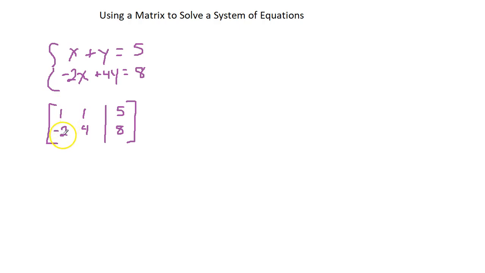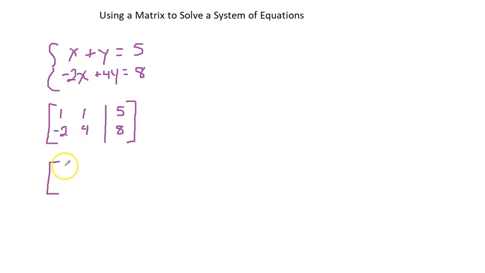So what I'm going to do now is, let's see, why don't we try to get rid of this? If I multiply the first row by 2 and I add it to the second row, that will wipe out this number here and make it a 0.